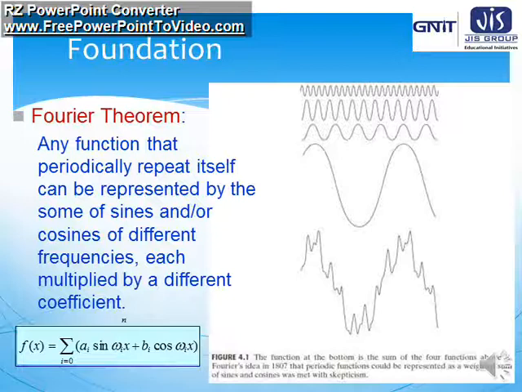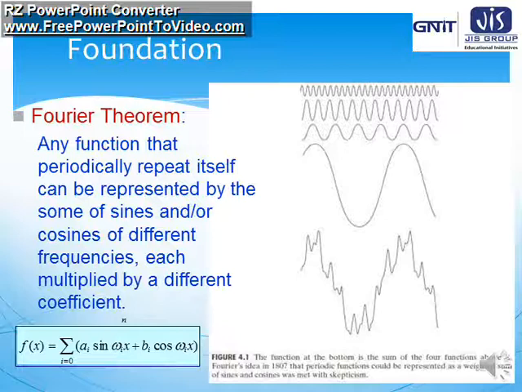Any function that periodically repeats itself can be represented by the sum of sines and/or cosines of different frequencies, each multiplied by a different coefficient. F of x equals summation i equals 0 to n, a_i sin(omega_i x) plus b_i cos(omega_i x).